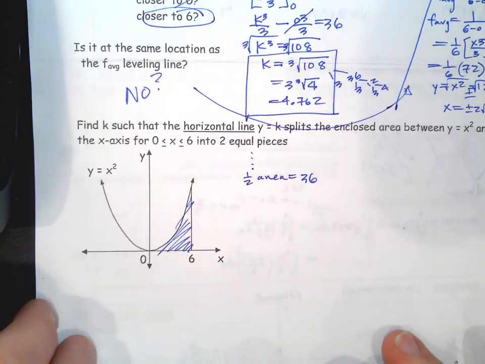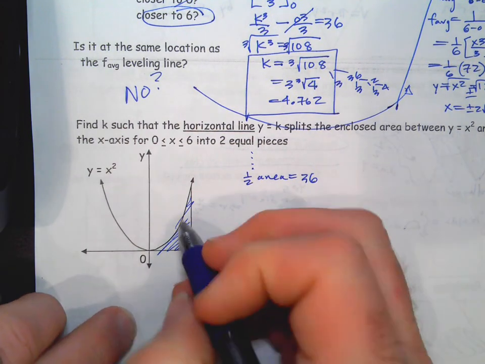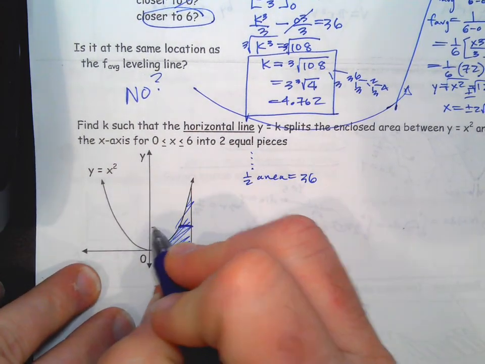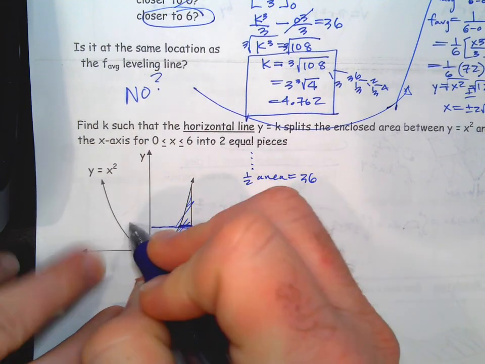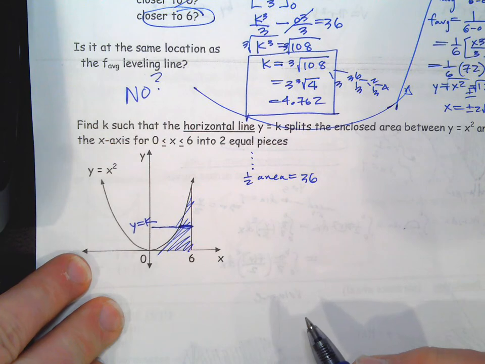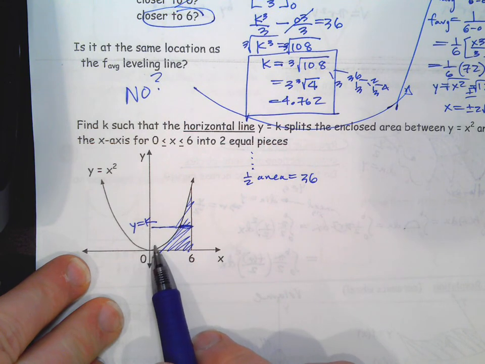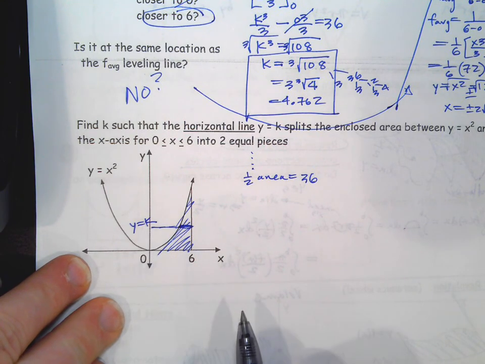That part you could still integrate vertically, but now we're trying to find a line y equals k that cuts the area in half. So to find this value, we have to integrate it with horizontal slices.